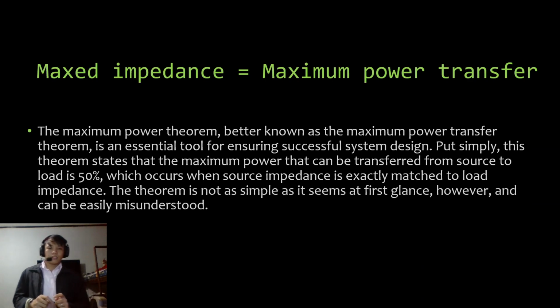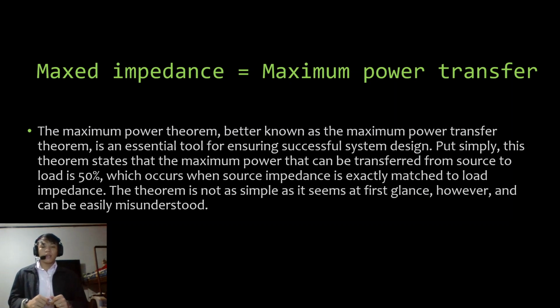So matched impedance is also a maximum power transfer. The maximum power theorem, better known as the maximum power transfer theorem, is an essential tool for ensuring successful system design.